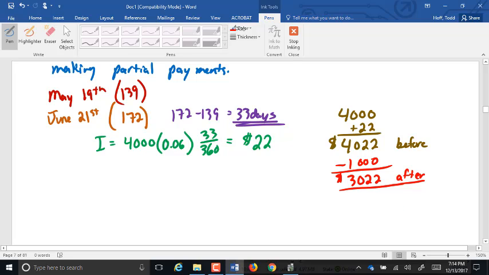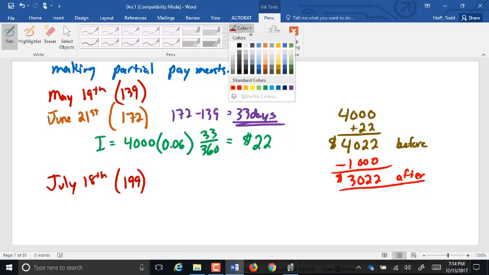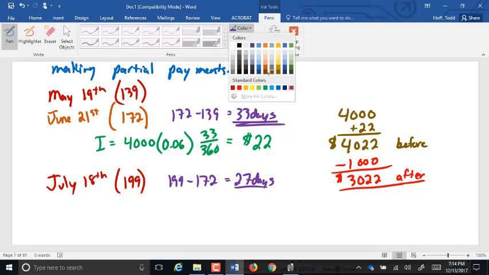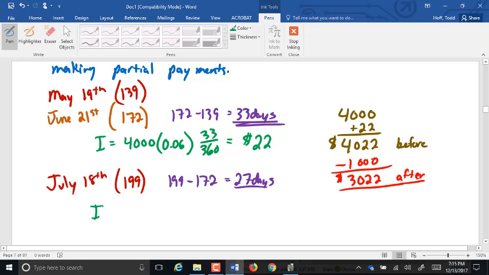Our next date is July 18th, which is 199. So yes, we will subtract 199 minus 172 to get 27 days. So what's going in this lovely formula? 3022 times 0.06 times 27 over 360.